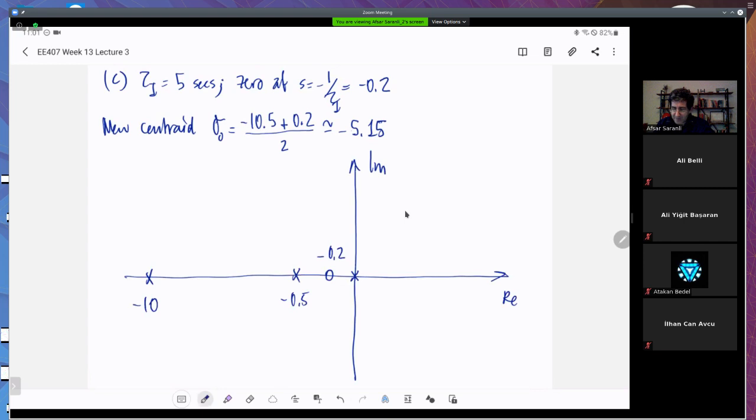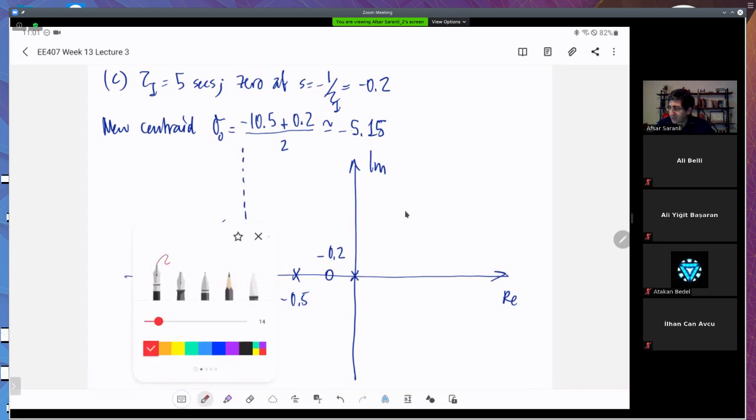Okay, and my asymptote is at minus 5.15, so somewhere around here. Okay, well, not very good. Let me correct that. Okay, somewhere around here, minus 5.15.